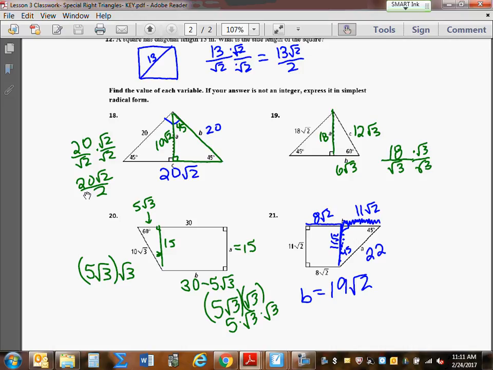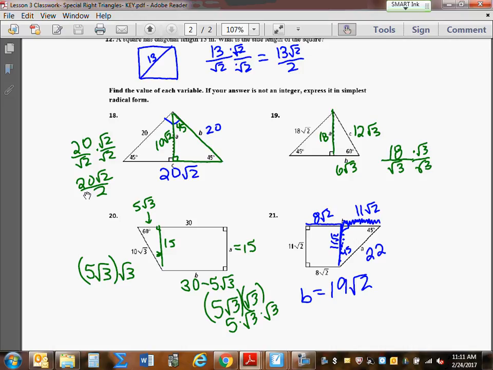Now because I've cut this down, the whole thing can't be 30. Well, this whole thing here is 30, so this B is not 30, but rather 30 minus whatever this chunk is. So using your 30, 60, 90 triangle, that's our short side, which is 5 root 3, so we just have to subtract that from it. But I can't combine those, so it just stays as 30 minus 5 root 3.